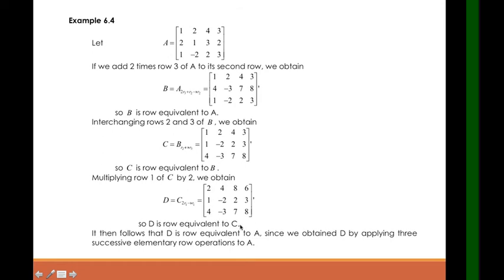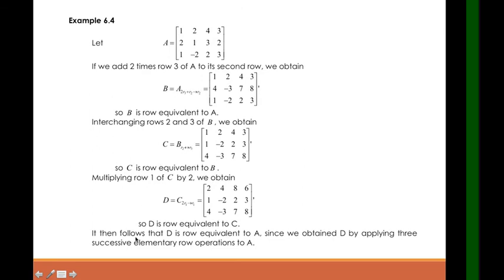Ang pinupunto lang nito is, kapag nag-process ka ng matrix, pwede mong ibahin yung letters niya, but still, they are said to be equivalent. Yun ang sinasabi ng definition because they originally came from letter A, that became B. And C originally came from letter B. And D originally came from letter C. But still, all of these are equivalent because all of these originally came from A. Diba?